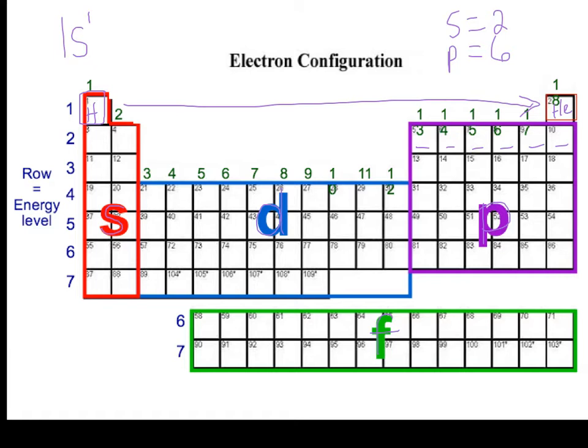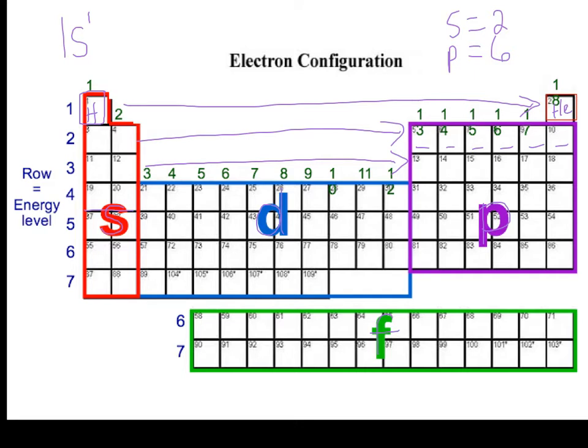Now you read this like a book, so you always start with hydrogen and read left to right, working your way down. So take note, in the second and third energy levels or rows, there is no D orbital. It goes straight from an S over to a P. Now whenever you get to the fourth energy level, it starts out with an S as always, but then before you can get over to the P, you will hit the first D orbital.